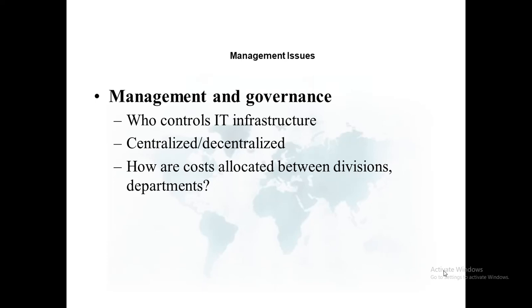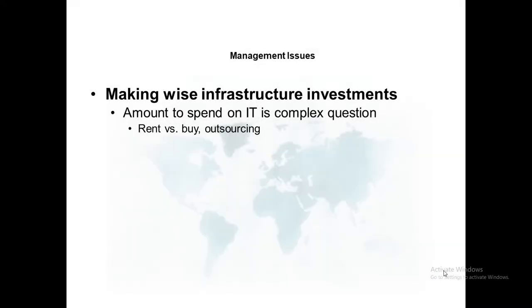All business units will have their own IT needs. So deciding who controls the infrastructure, who controls the budget, will be a challenge. Is it centralized, that maybe central management budgets, or is the budget decentralized to the individual departments? How are the costs allocated between divisions and departments? All those decisions will have to be made by you, the manager.